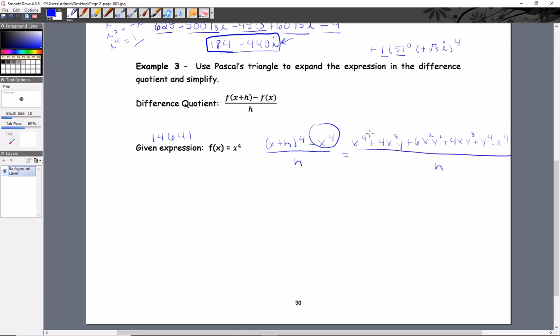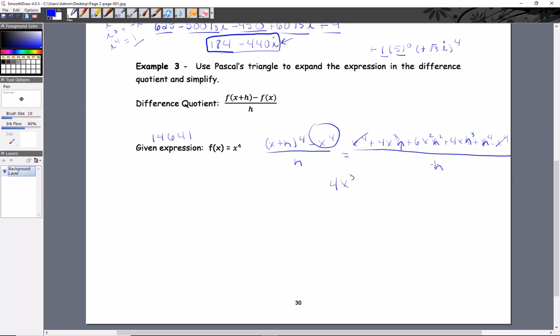And if you note, we have a positive x to the 4th and a negative x to the 4th, which just leaves these terms left over. And guess what? I put in y's when I meant to have it be h's. Let's just pretend these are all h's here. My bad. All right. So let's go ahead and cancel. So we'll get 4x to the 3rd, right?